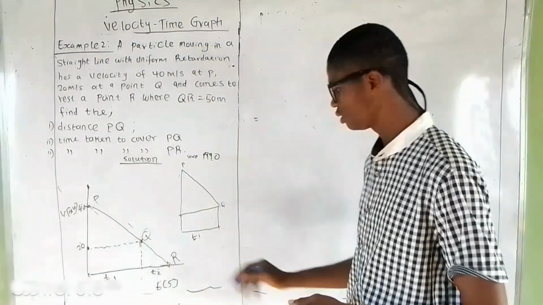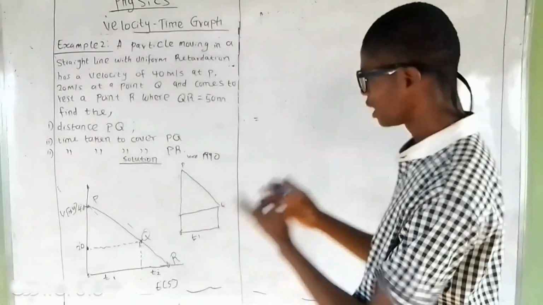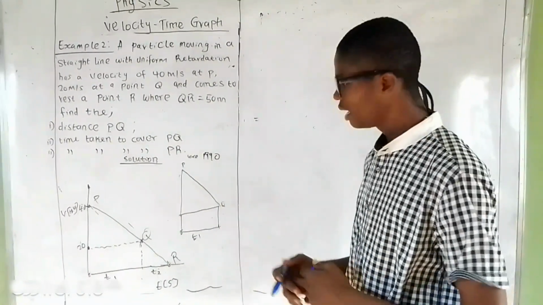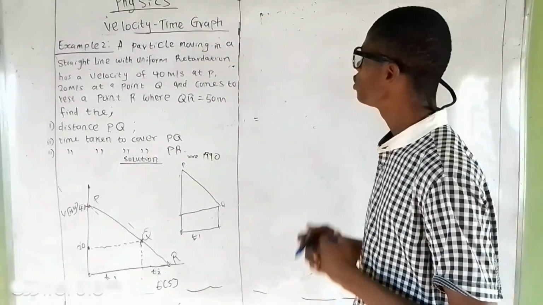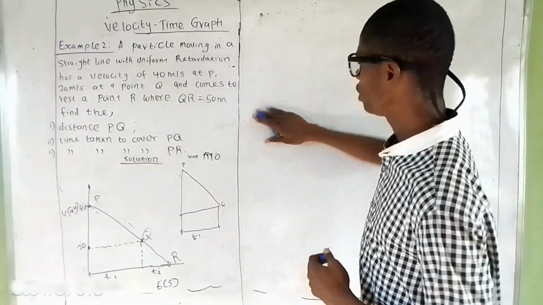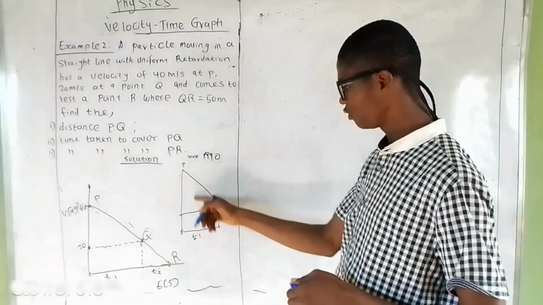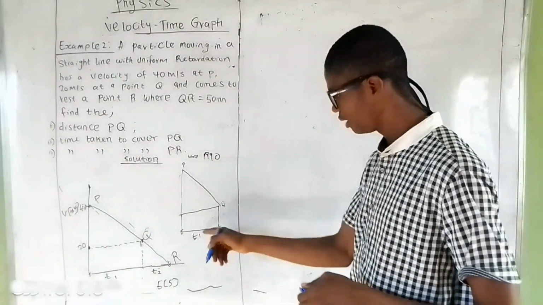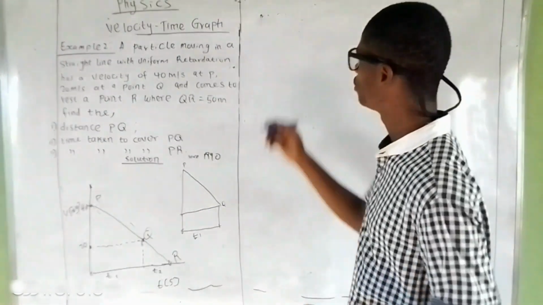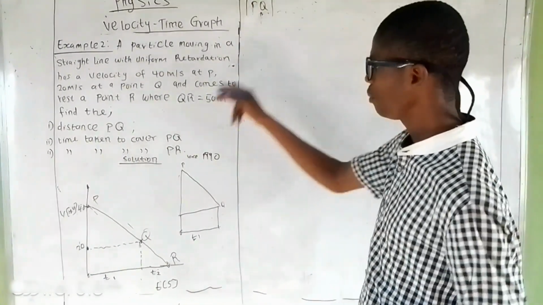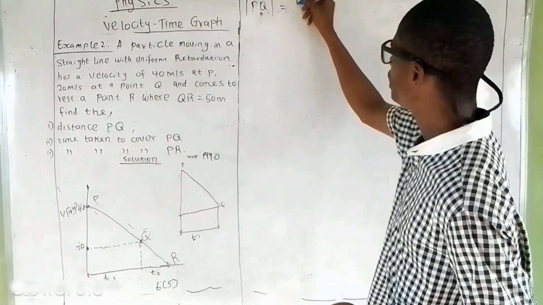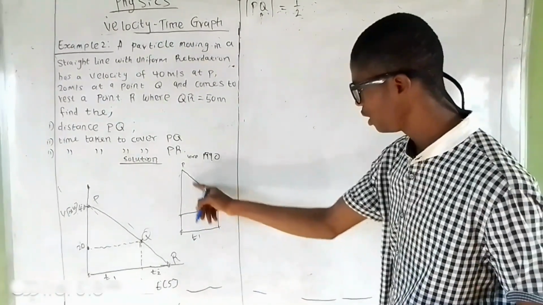If we look at this shape now, it looks like a very familiar shape, and that shape is a trapezium. So what is the formula for solving a trapezium? You can say the area of this right angle triangle and the area of the square together gives you that.